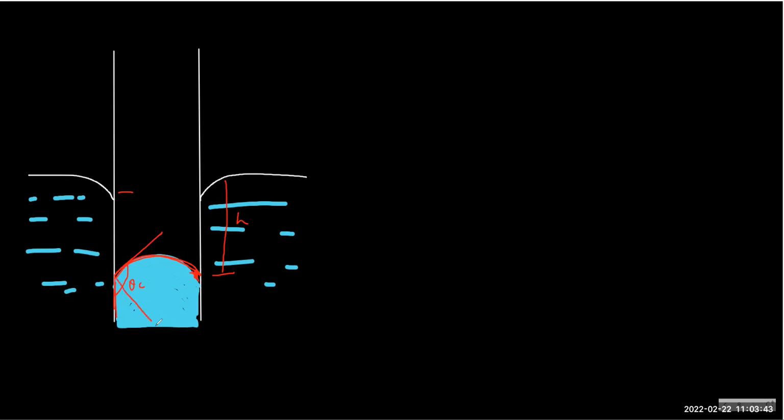So if this is h, and this is P atm, what is the pressure here? It is P atm plus rho gh, right? Outside we assume a flat surface. This is liquid everywhere. Let's not consider this part. So imagine the outside is plane.